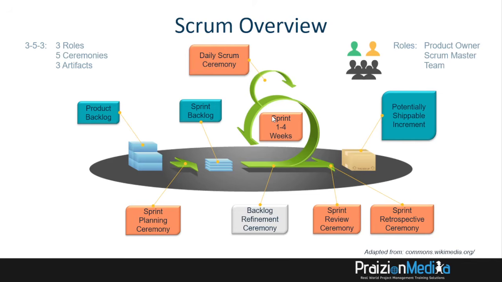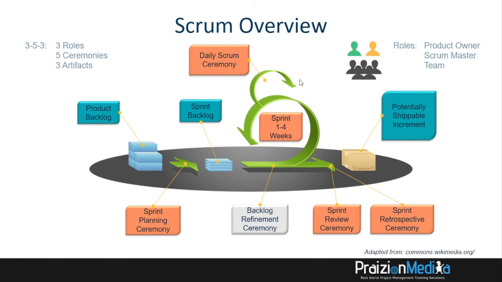Finally, Agile. That will be a topic for a different day, but I'll leave you with this thought. What is Agile? It's not a framework, it's not a methodology. Agile is a mindset. The most popular Agile framework that encapsulates that mindset is called Scrum. And Scrum is based on a 3-5-3 configuration.